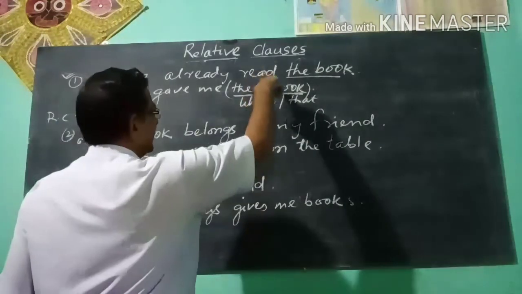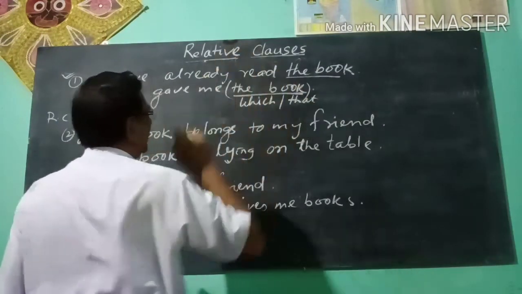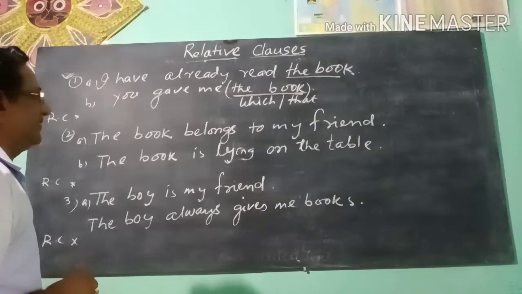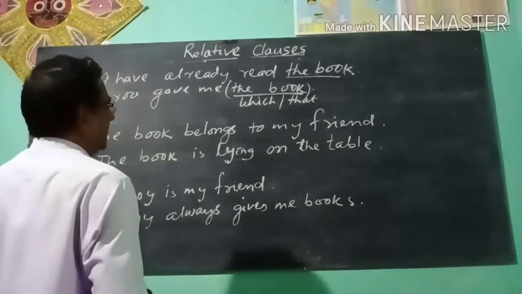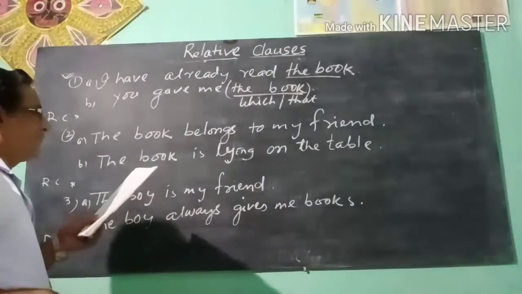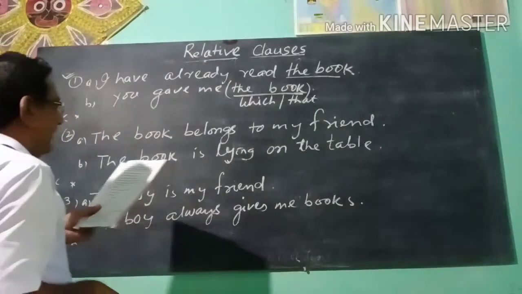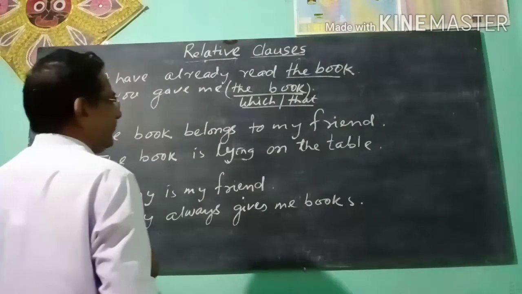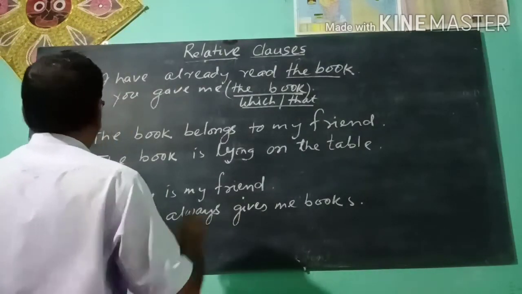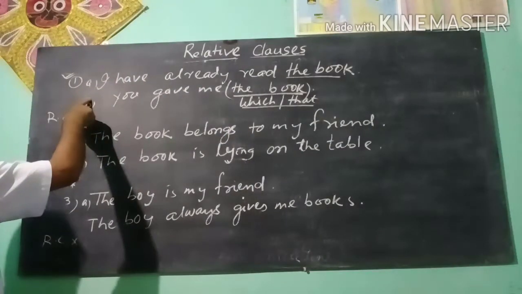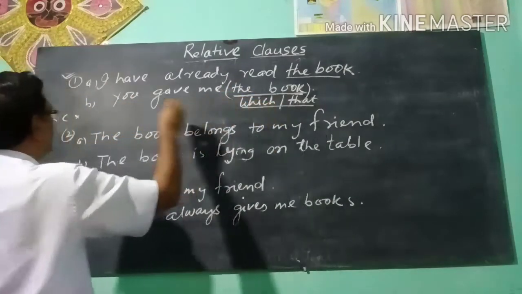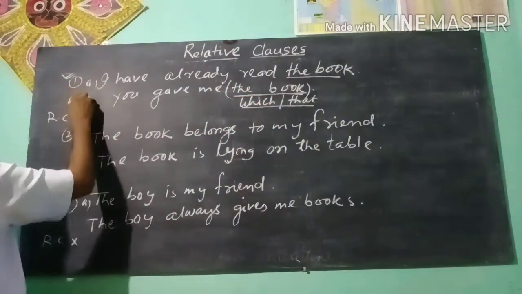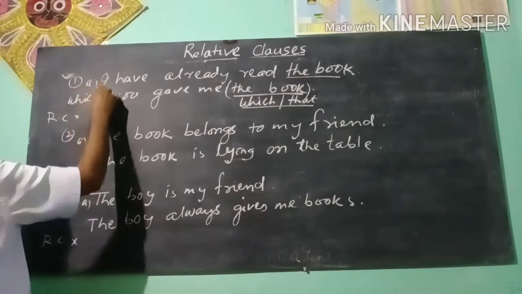You use this relative pronoun in place of the noun phrase the book. Then you put the relative pronoun at the beginning of the sentence. Here, which or that.